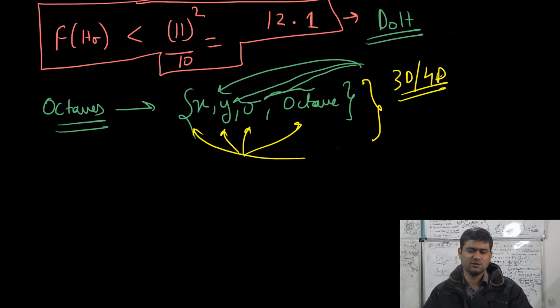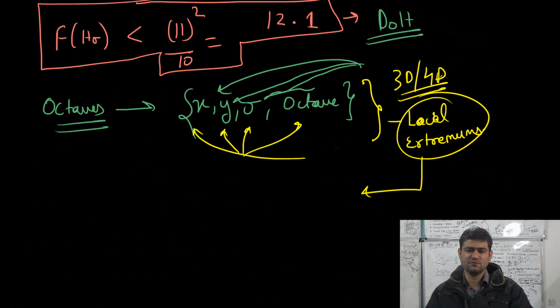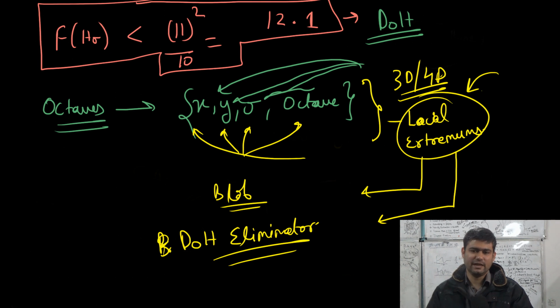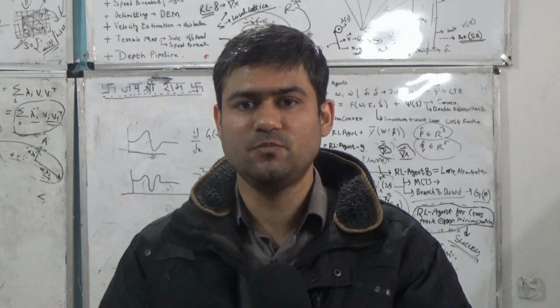So after performing this 3D or 4D search for the local extremums, the leftover local extremums were finally classified as blob points in our LoG and DoG based blob algorithms, and we can then further run the determinant of Hessian based elimination method on the survived local extremums, and any point where the value of this function is larger than 12.1, we can discard those points as blob points, and anywhere where this value is low, we can keep those extremums as the final blobs in our images.